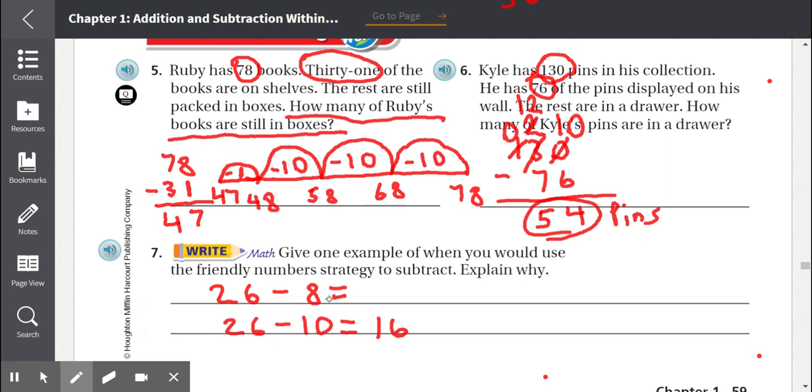And we just add 2 because we took away 2. So let's now add the 2 back. So now 16 plus 2 will give us 18.